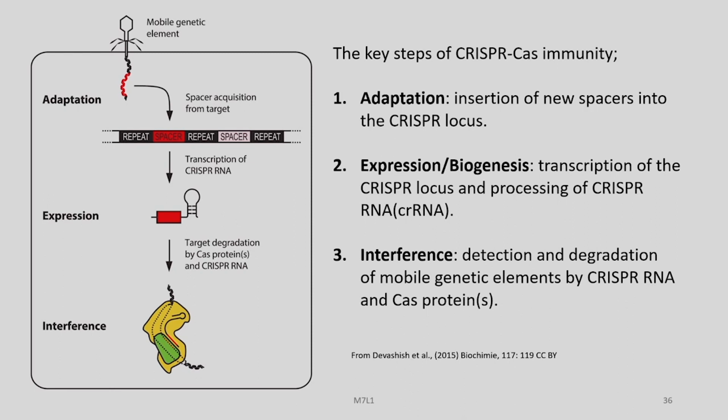We will discuss these in future, but exactly what happens in interference is that the bacteria detects and degrades the mobile genetic elements by CRISPR RNA and Cas9 in later encounters. The adaptation is the outcome of the earlier encounters, and at that stage there is no immunity, and so there is no interference.